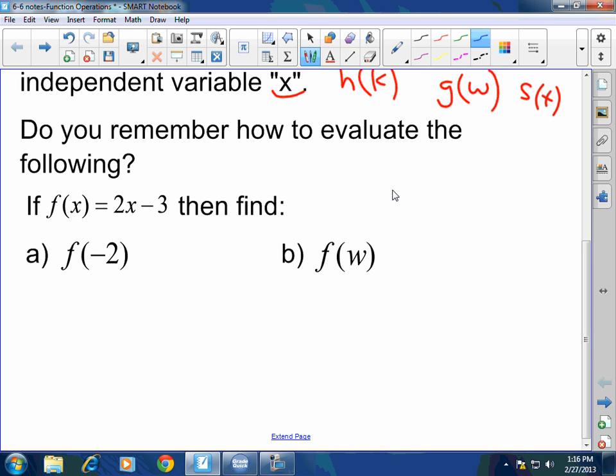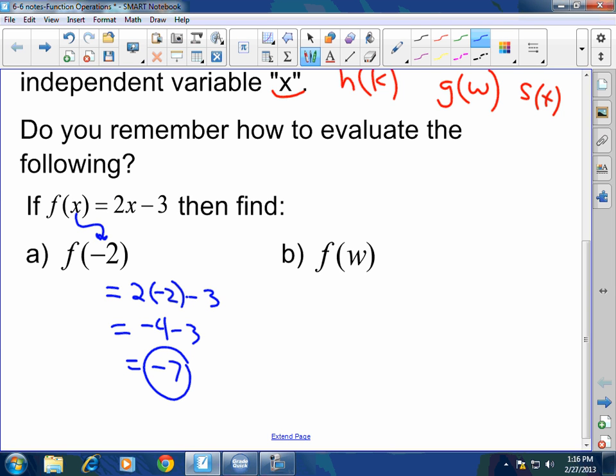My brothers, what am I replacing the x with in this particular instance? So what do I do to every x I see? So that'd be 2 times negative 2 minus 3. So that's going to be negative 4 minus 3, which equals negative 7.